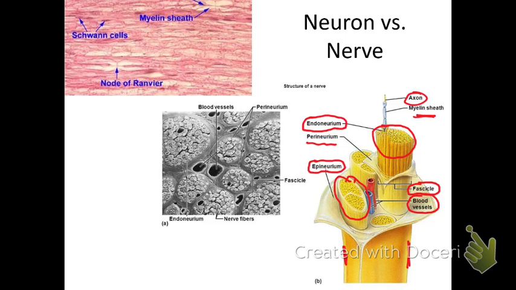Remember, these axons are surrounded by Schwann cells, and these Schwann cells need their own oxygen and nutrient supply. So they must be nourished, and so these blood vessels traveling through the connective tissue layers of the nerve are vital to keep that nerve alive.